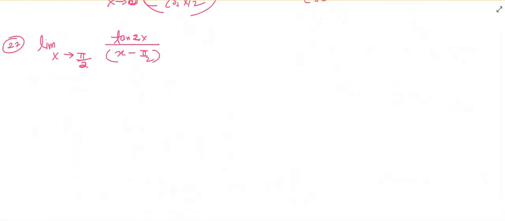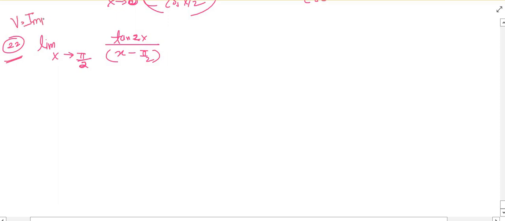So this is question number 22. Watch it carefully. We will apply a different approach here. Let me assume x minus pi by 2 is t. This is just an assumption. Usually you will see this type of question is solved by this.